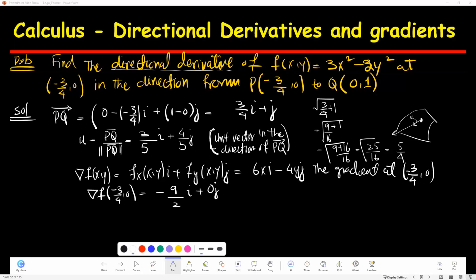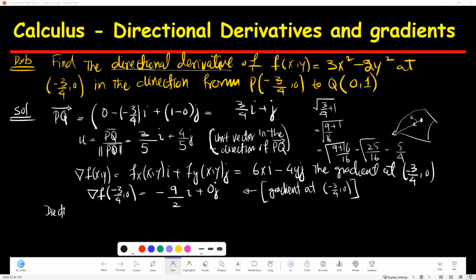The y term disappears. And this is my gradient at this point.